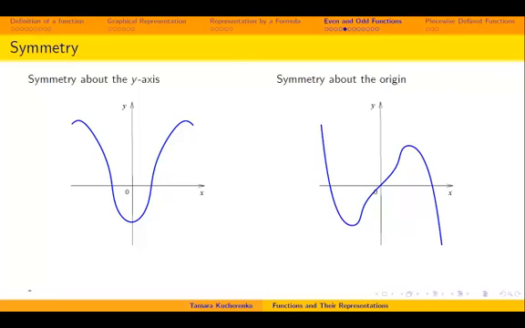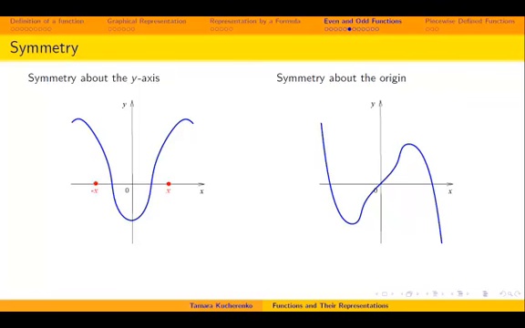Let's look at the left picture. Suppose a graph of a function f is symmetric with respect to the y-axis. If we take two symmetric points on the x-axis, x and negative x, the corresponding y values have to be also the same, since the points on the graph are symmetric.